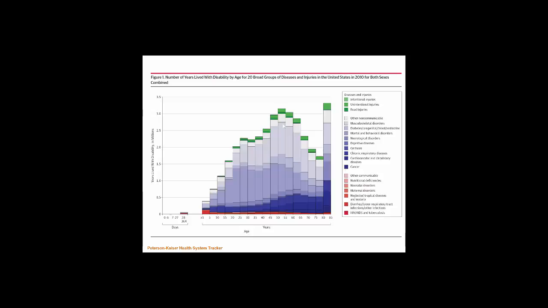Right? We are dying of cancer, which has grown in the US. We are dying of cardiovascular or circulatory diseases, which again is higher in the US. We are dying of muscular disorders, of diabetes, of mental and behavioral disorders. All these are occurring in the US.